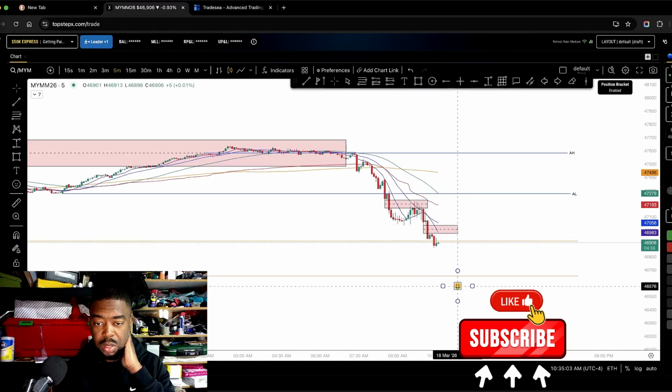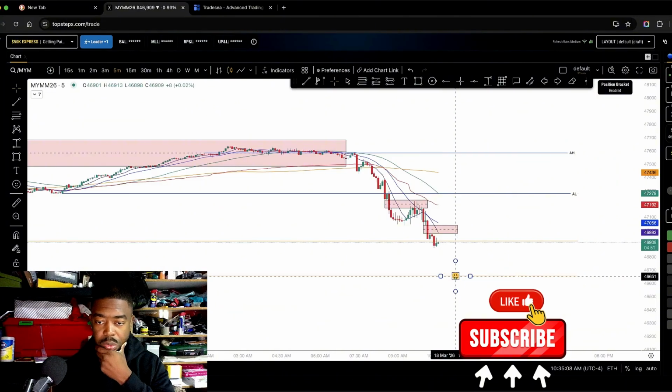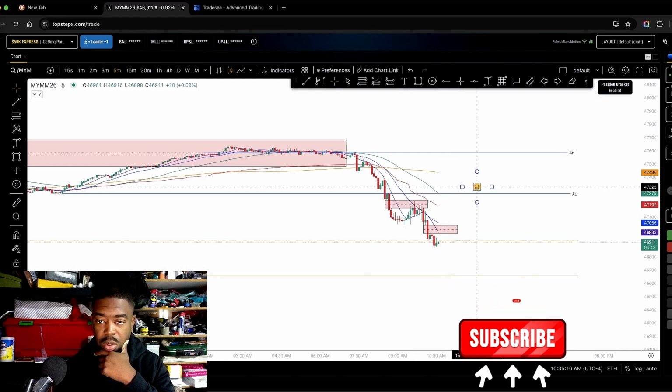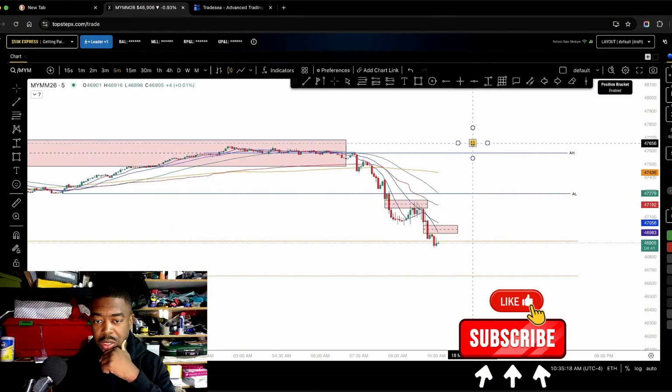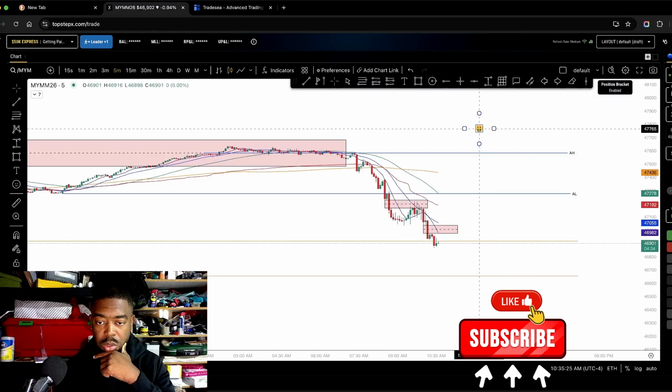Which is another hourly swing low, which means there's liquidity here. So it would make sense to come down here, take the liquidity before we actually go back all the way up, take that, and if we're going to continue down, come back down, or if we're going to continue to go up, continue to go up.